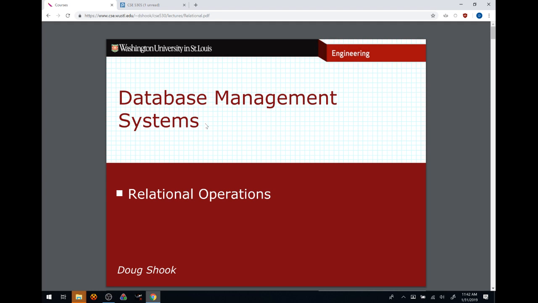Before we begin, I have one quick announcement regarding the homework assignment. If you recall, when the assignment was given out, I showed you the test data that you can use to test your code for homework 1. It's a heap file, basically, that test.dat file that's in your repositories.